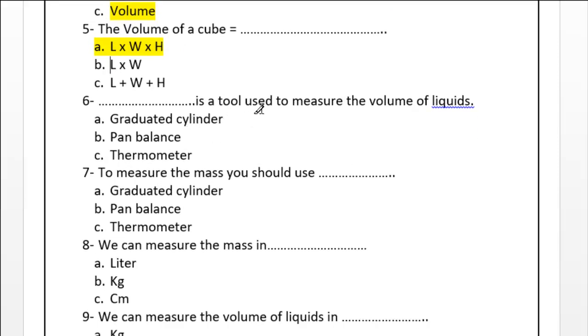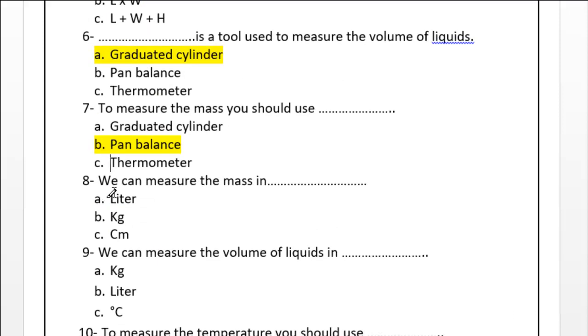Number 6: a tool used to measure the volume of liquids. The volume of liquids is measured by using a graduated cylinder. To measure the mass, you should use a balance. A balance is a tool that we use to measure the mass of an object.